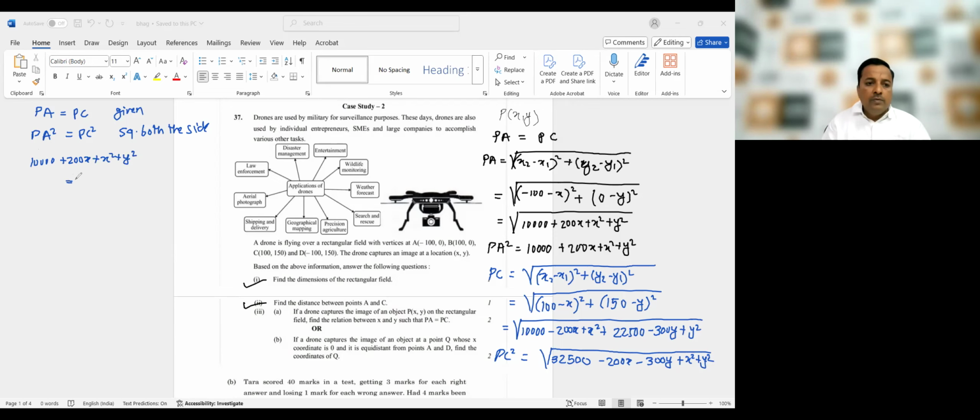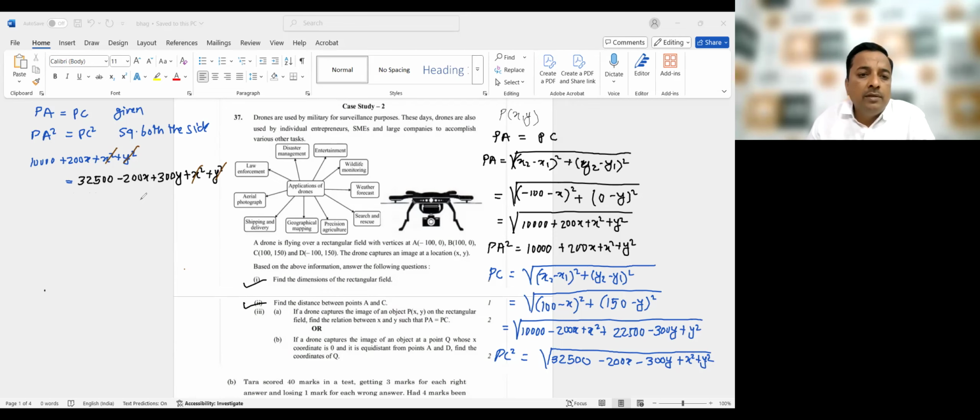And the value of PC square is 32,500 minus 200x minus 300y plus x square plus y square. The equal sign is there, and both sides have x square and y square, so x square and y square from both sides cancel.